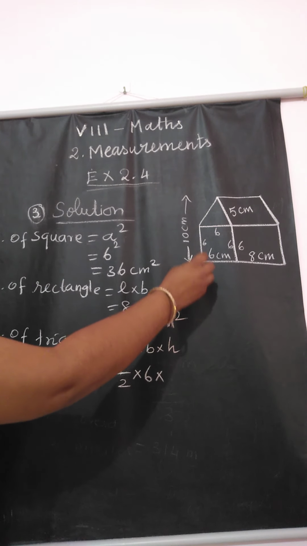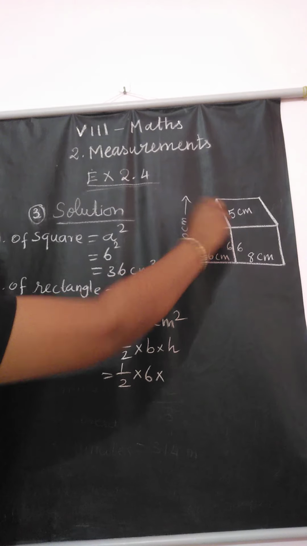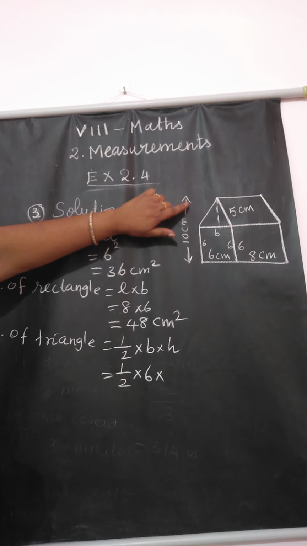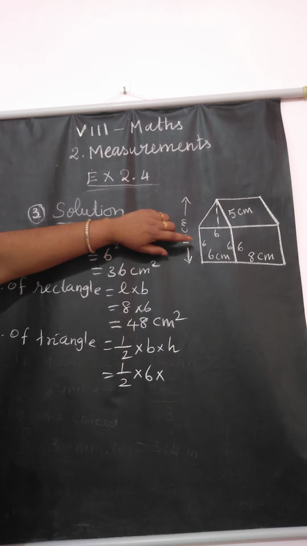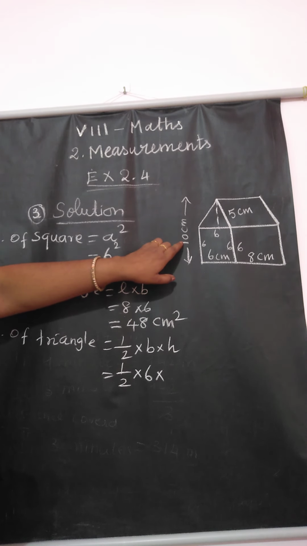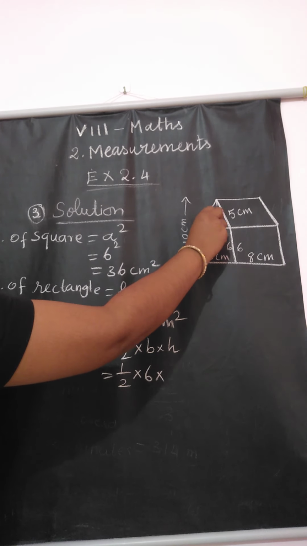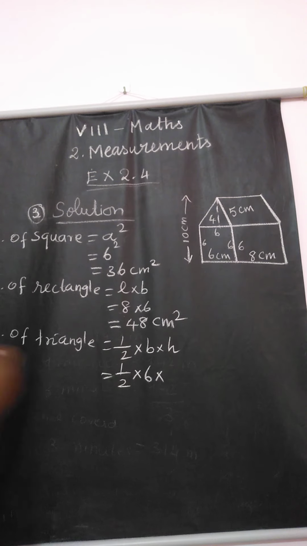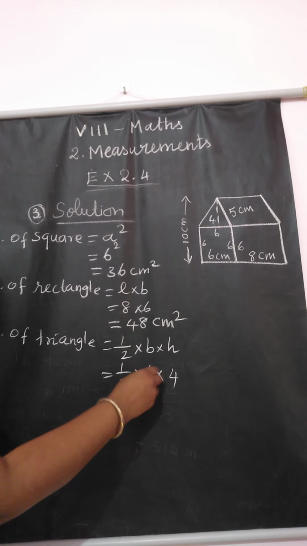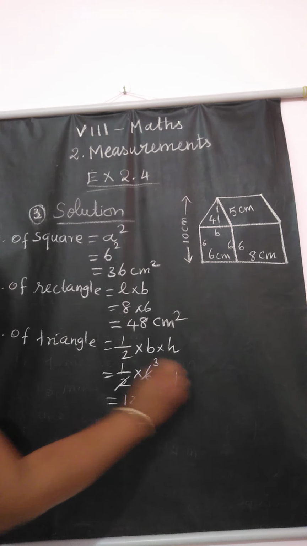Now listen, this is the height. See, the total height is given. For both figures the total height is 10. The side of the square is 6, so how much remains? 10 minus 6 is 4. So I am going to write h is equal to 4 centimeters. Now cancel: 2 ones are 2, 2 threes are 6. So the final answer is 12 centimeter squared.